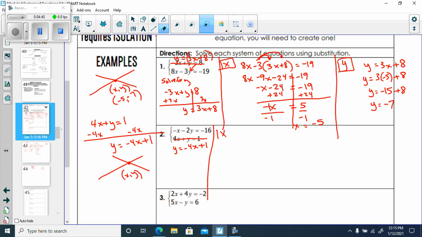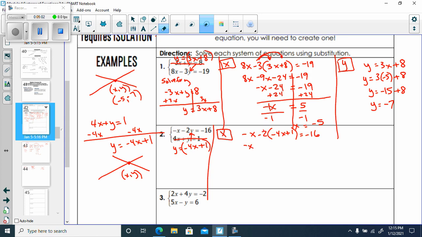To find x, let's substitute our y for negative 4x plus 1 in here. I'd have negative x minus 2 times negative 4x plus 1 equals negative 16.